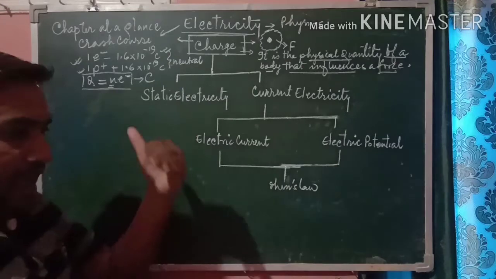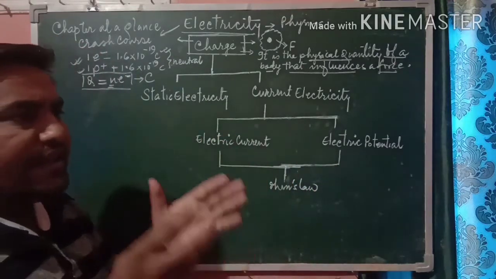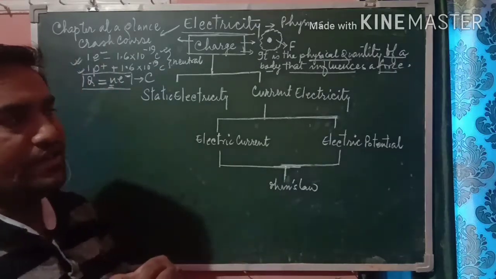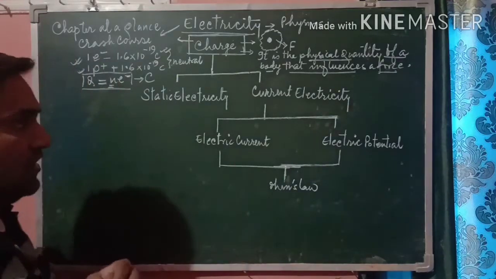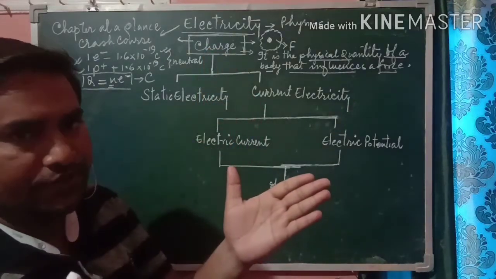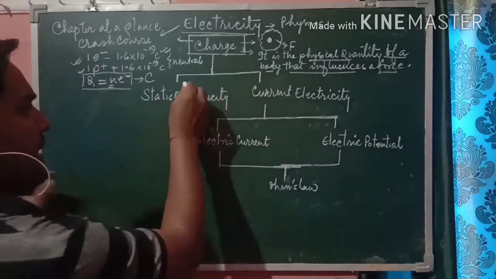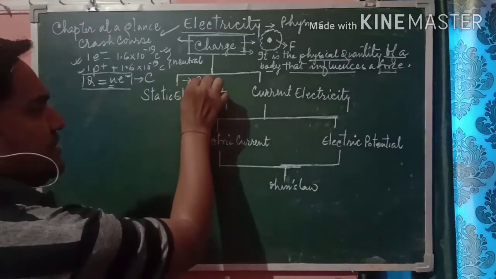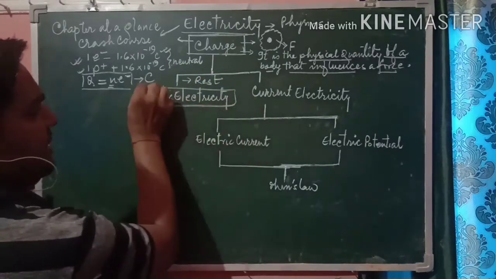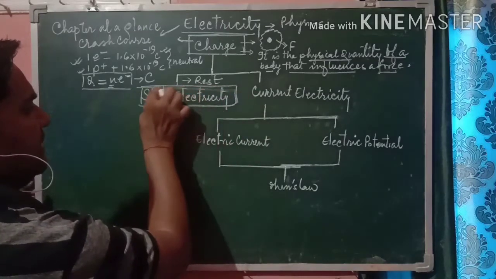Okay, and there are also simple properties of charges: opposite charges attract each other while similar charges repel each other. Charge is expressed in two forms. Charge that is at rest is known as static electricity.